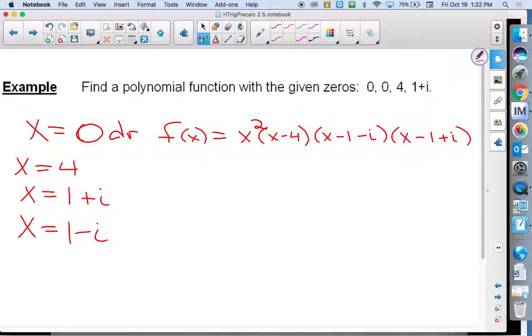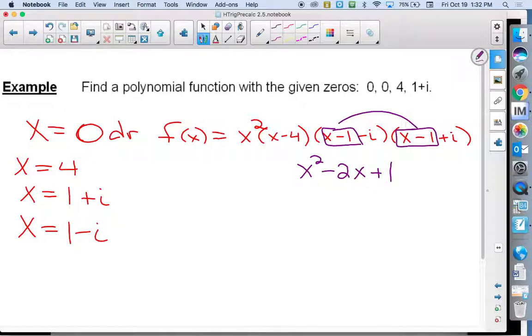Because the i was created with a square root, the 1 was outside of the square root, that middle number. So when you multiply these, if you look at your real numbers and multiply them, Brandon, x minus 1 times x minus 1 is x squared minus 2x plus 1.